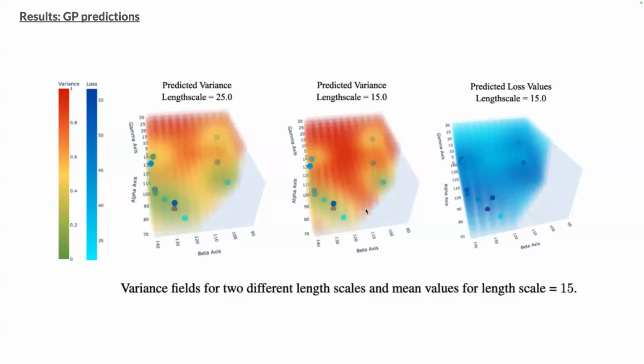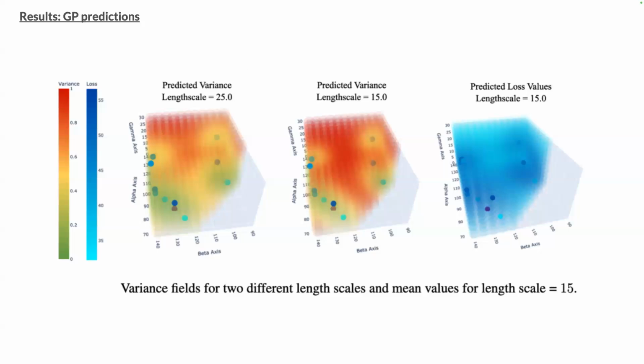Now, one thing that I've skirted over until now is this choice of length scale. As I mentioned previously, we picked as a prior a length scale of 3, motivated by the fact that two neighboring geometries should have around 50% correlation. This is actually quite difficult to test.